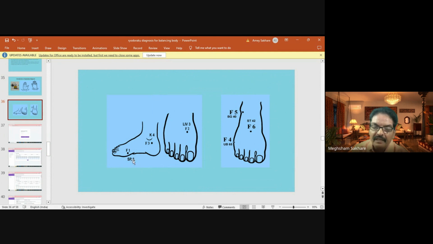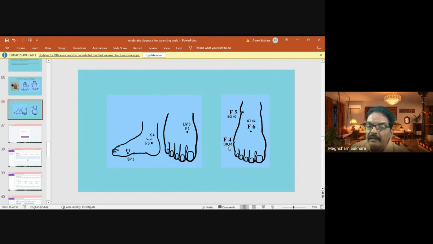F1 is SP3, the first checking point of the leg or feet. Then liver 2 is the second checking point of the feet. Then K3 is the third checking point, then K4.